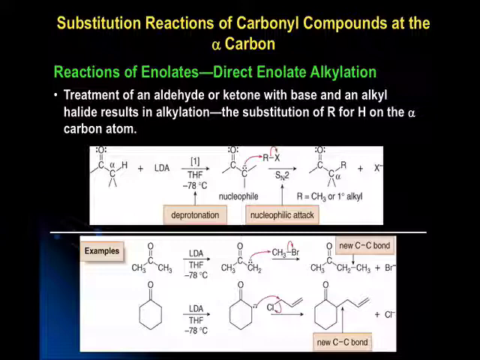Now I want you all to think about something here real quick. Let me do it up here on this board, so we'll black out the screen. Let's suppose that Logan takes this ketone, LDA, minus 78 degrees Celsius, THF, and he generates the enolate at low temperature.